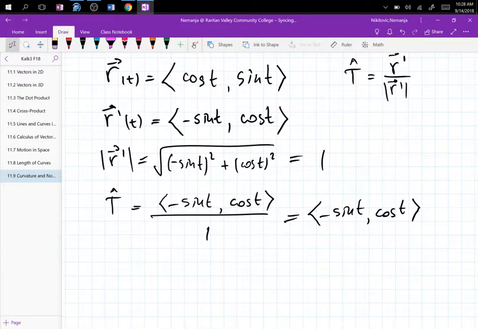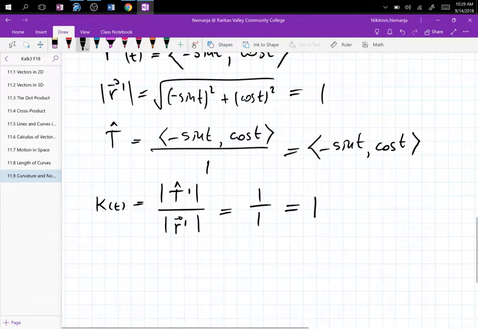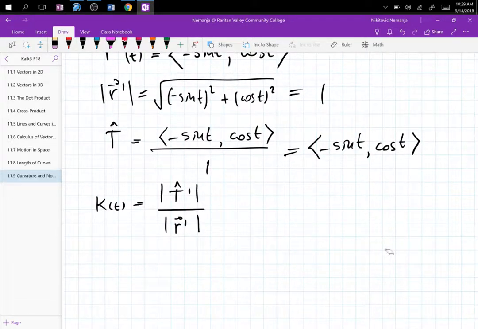What was the formula for curvature? We just did it. Magnitude of T hat prime divided by magnitude of r prime. Thank you. Oh, hold on. We don't have the T prime yet, right?